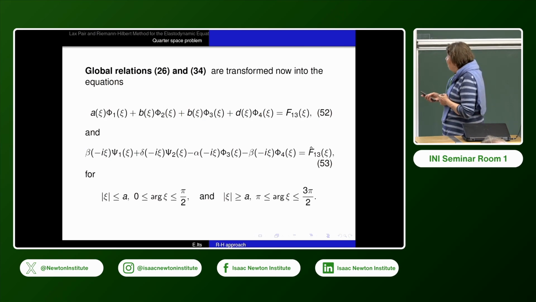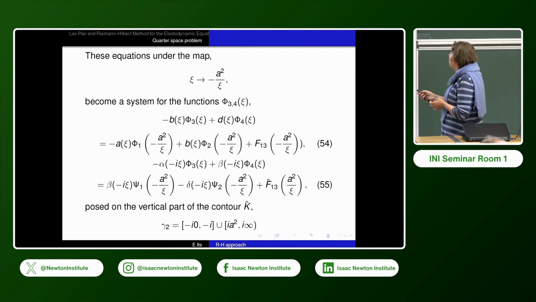Finally, we proceed more or less in the same way as before, only we consider these global relations not on the horizontal parts, but on the vertical parts of the contour.